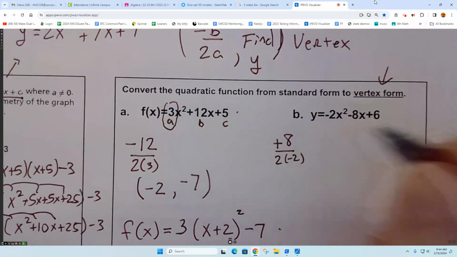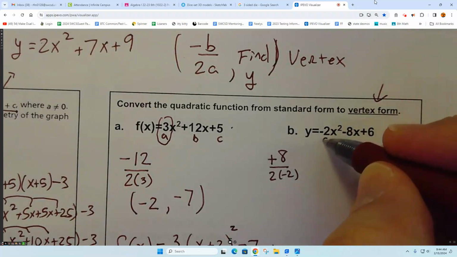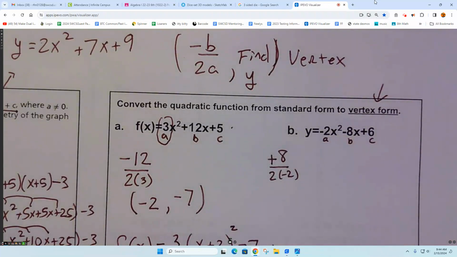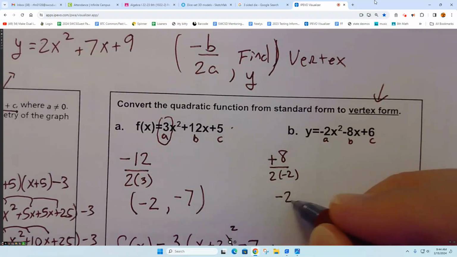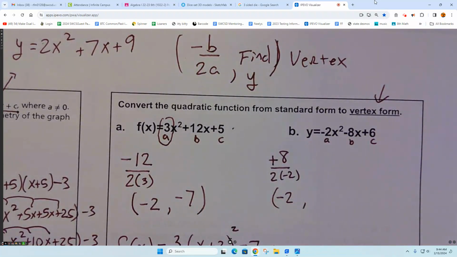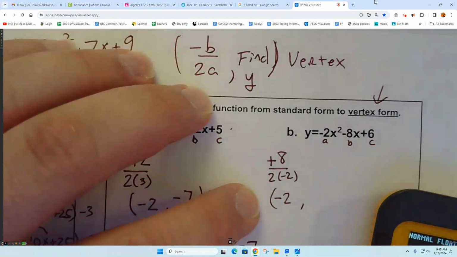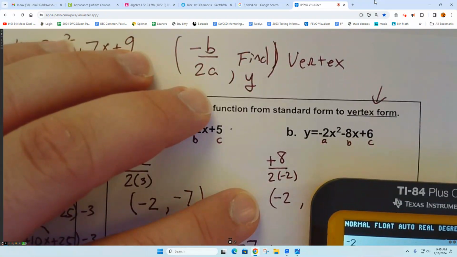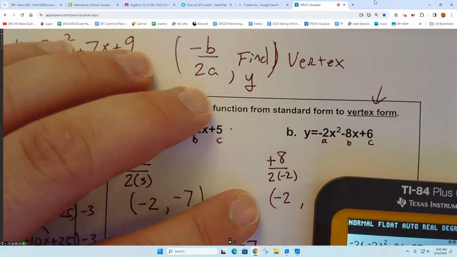Negative b over 2a. So is it A, C, and B? Wait, it's just 8 over negative 4, so it's just getting plus. So the B is on top. Let me explain this real quick.